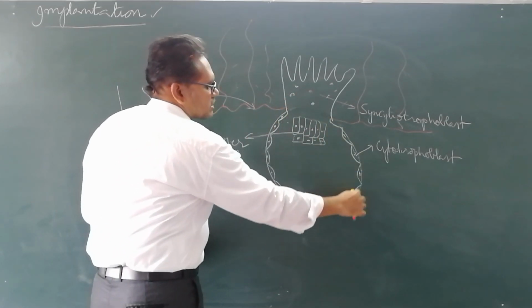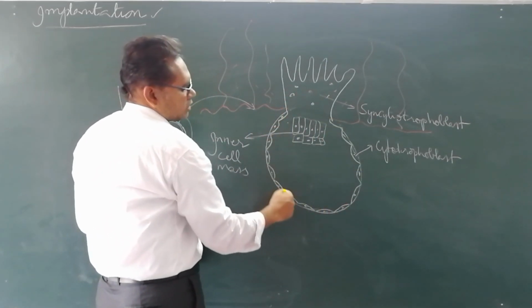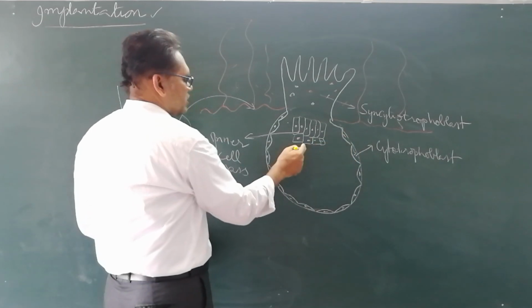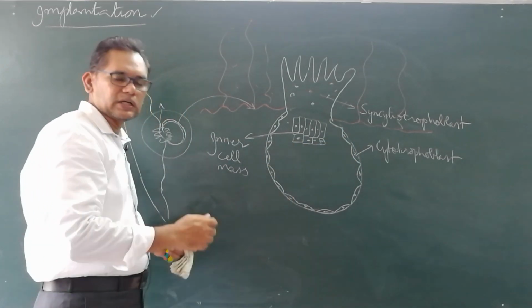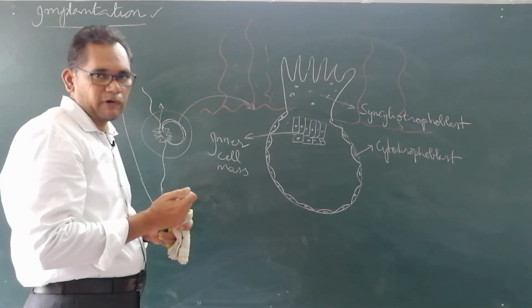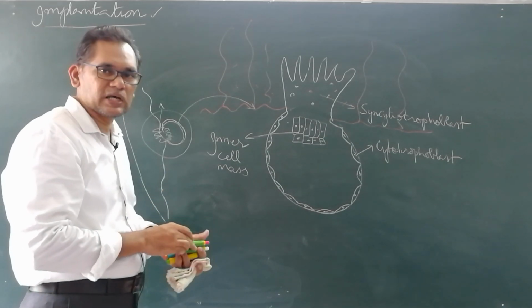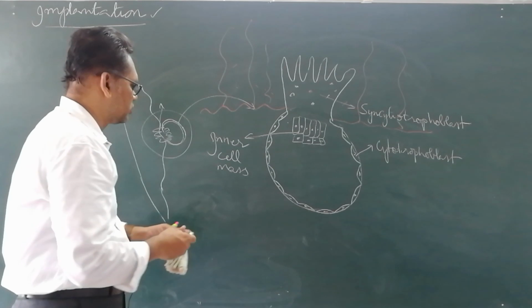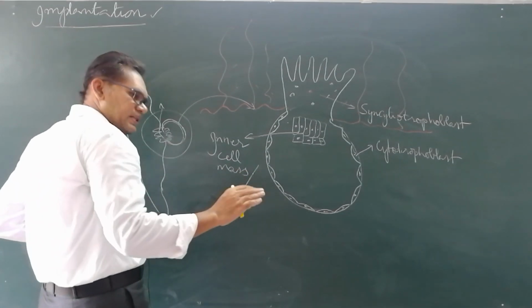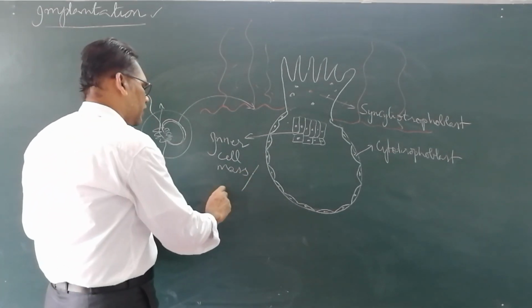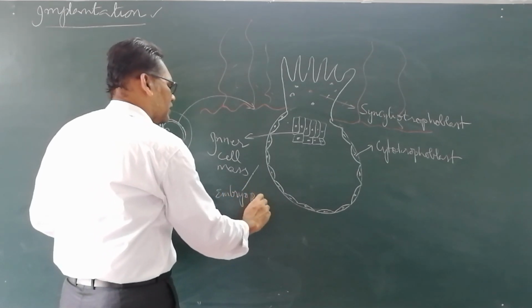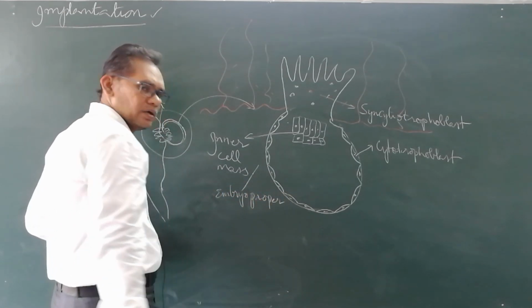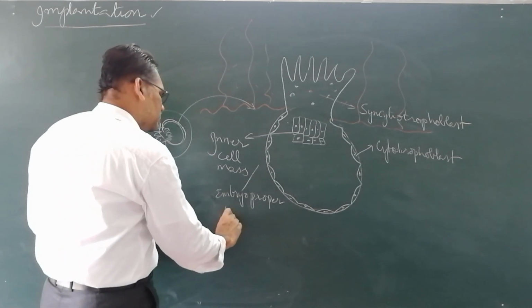There are still cytotrophoblast, and this is the inner cell mass. The inner cell mass is also called the formative cells, or otherwise the embryo proper.